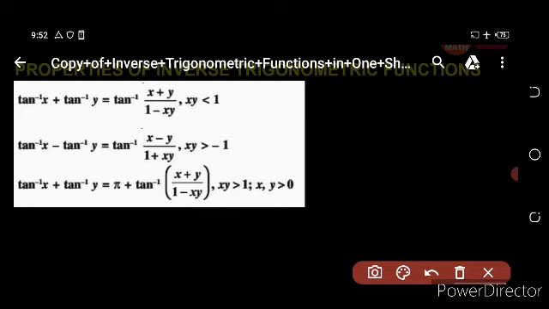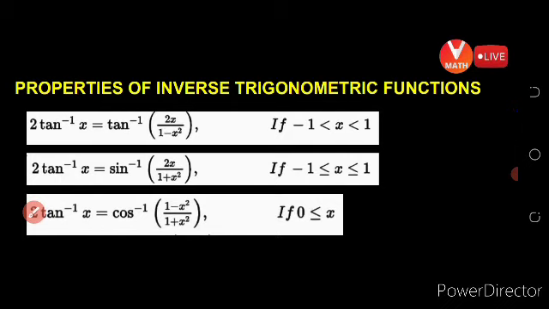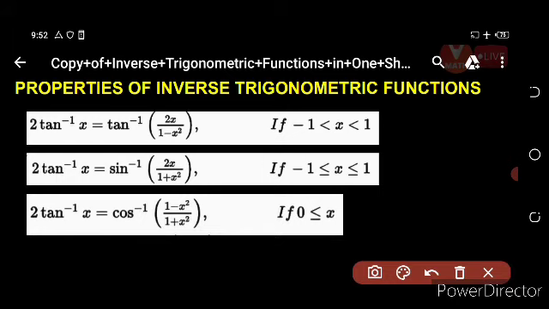Then come to properties of inverse trigonometric functions. 2 tan inverse x is equal to tan inverse of 2x upon 1 minus x square, and here x lies between minus 1 to 1. Similarly, 2 tan inverse x is equal to sin inverse of 2x upon 1 plus x square, where x lies in the closed interval minus 1 to 1.